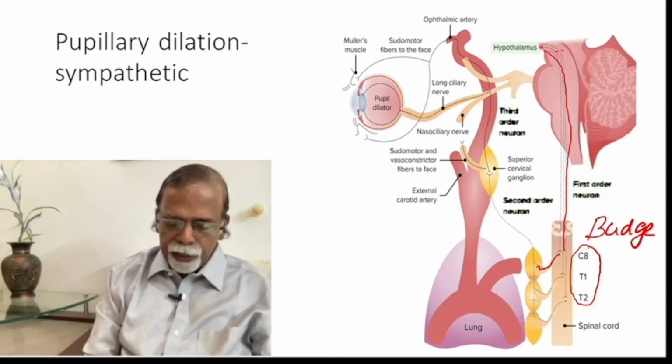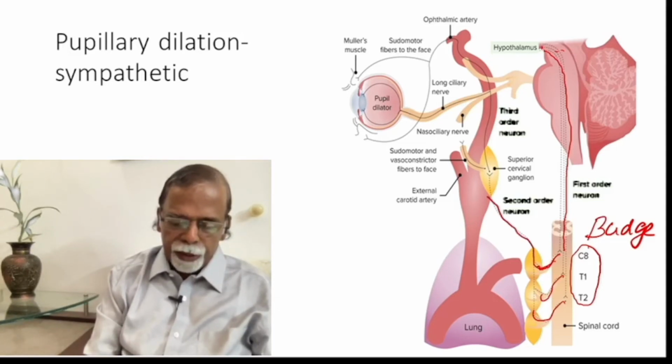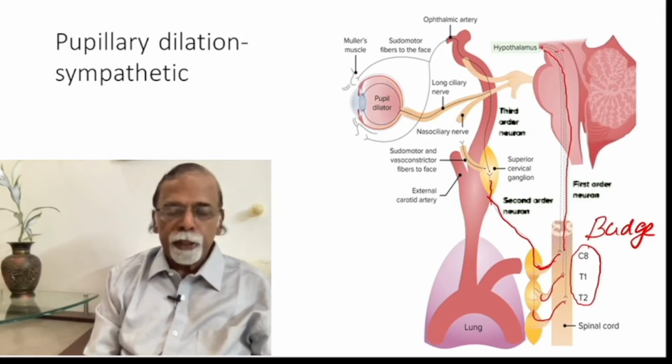It goes via the sympathetic chain, not the parasympathetic, the paravertebral chain. It does not relay there. It goes up and relays in the superior cervical ganglion. So, the second order neuron is from the intermediolateral horn passing through the paravertebral chain, and then it relays in the superior cervical ganglion.